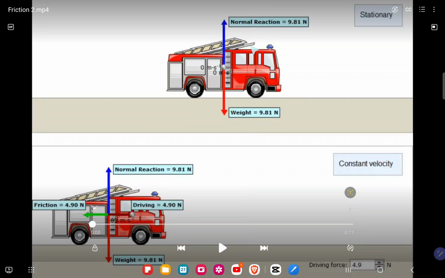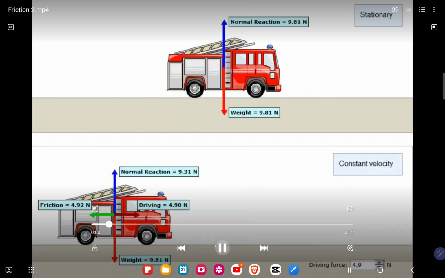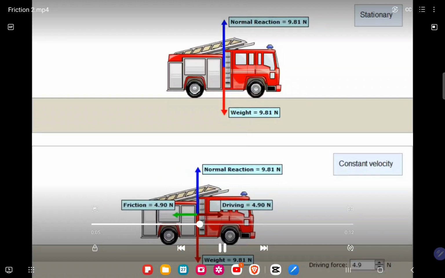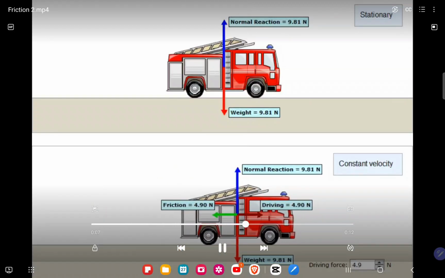So we have here weight and normal force. Once we give the car here a driving force equal to frictional force, in this case here the car will move with constant velocity. Let's see what's here. So as we can see here, the object is moving with constant velocity.